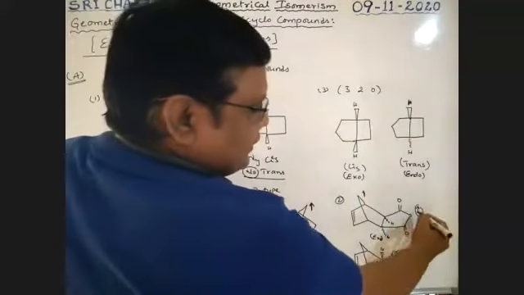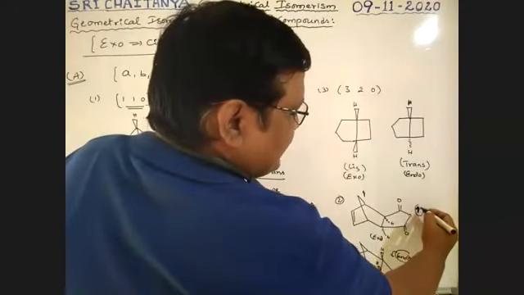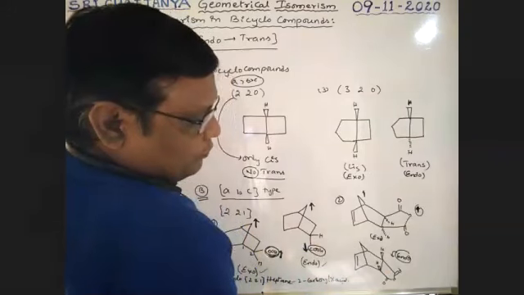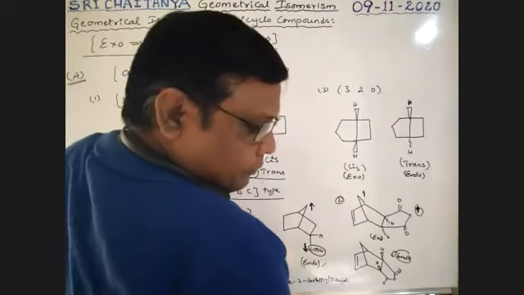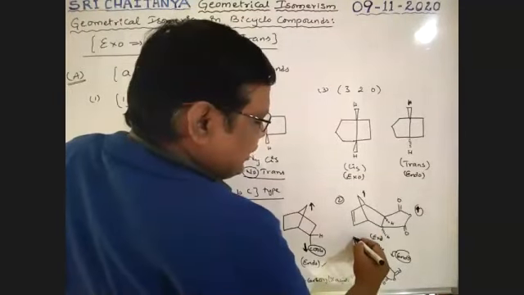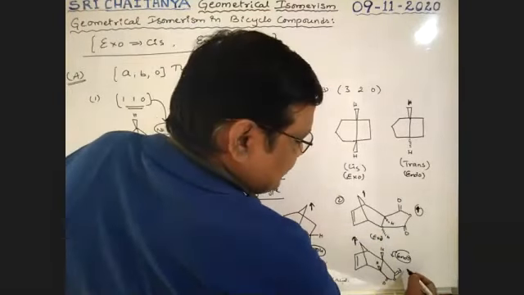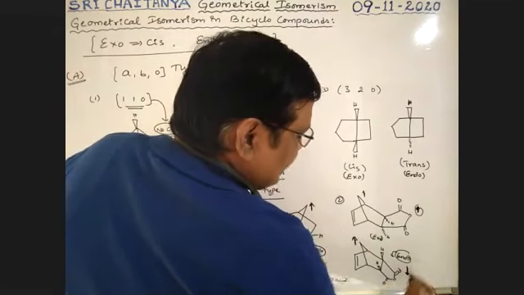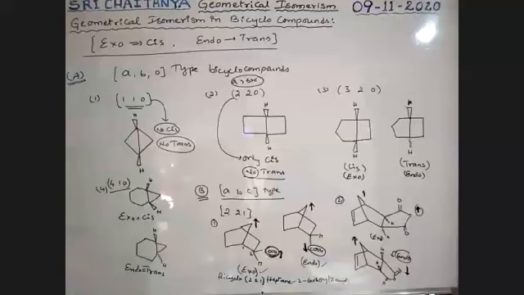Therefore, it is an exo cis system, boys. So it is up, it is down. Therefore, it is in the upward direction. This bulky group seems to be down. Now it is an endo system, boys.